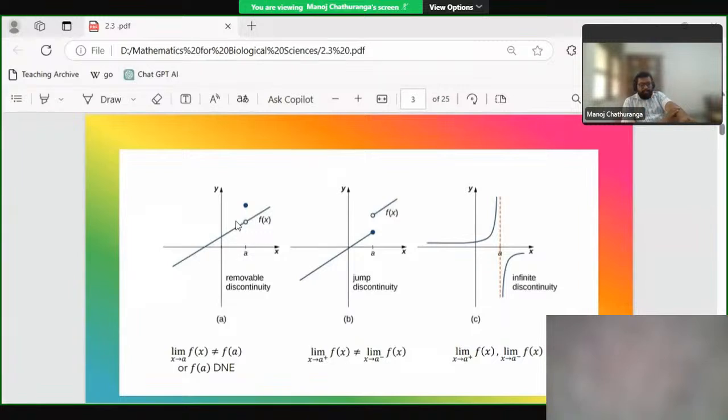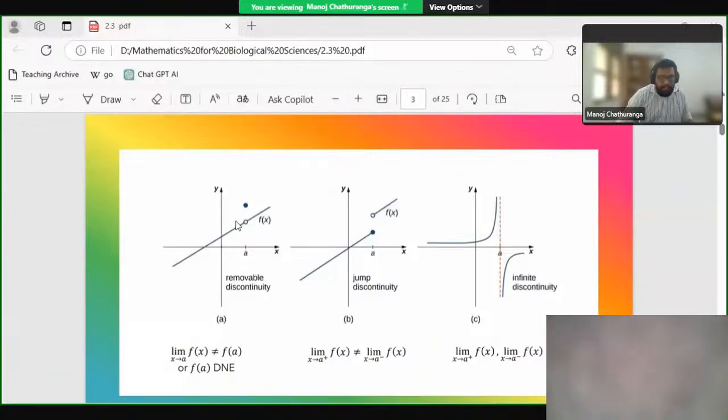So jump discontinuities, removable discontinuities, and sometimes we have infinite discontinuities. The function value goes to plus infinity or minus infinity. Or sometimes one piece goes to plus infinity and the other piece goes to minus infinity.